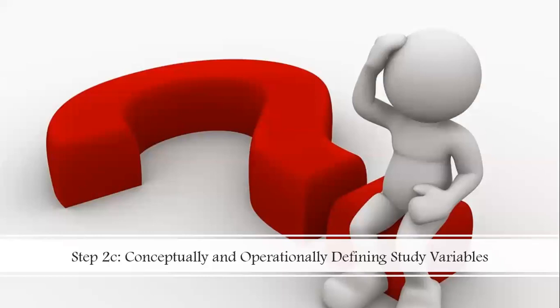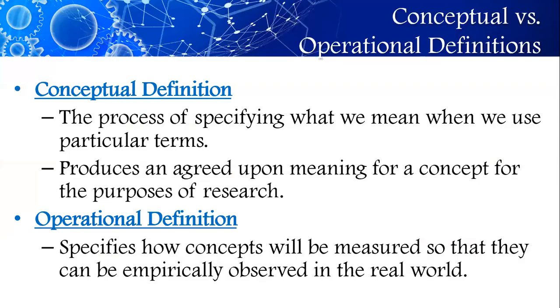Now let's talk about step 2C, which involves conceptually and operationally defining study variables. So we're going to get more into this later on in the semester, but conceptual versus operational definition. A conceptual definition, or when we conceptually define variables, is a process of specifying what we mean when we use particular terms, or what is the agreed upon meaning for all of the concepts in our study.